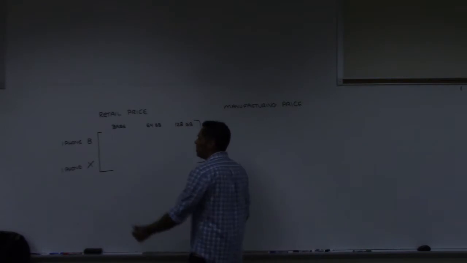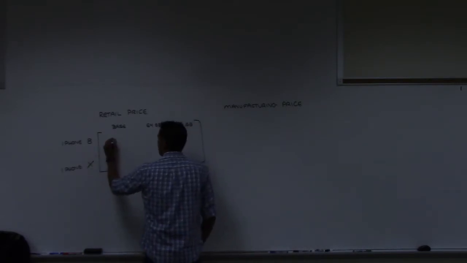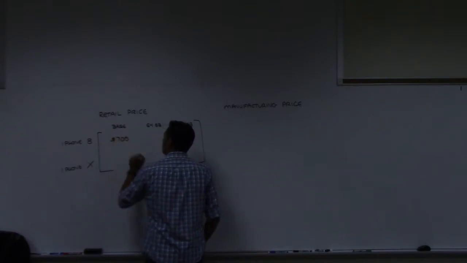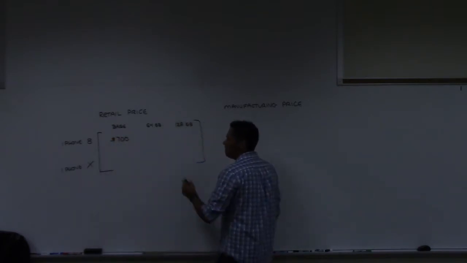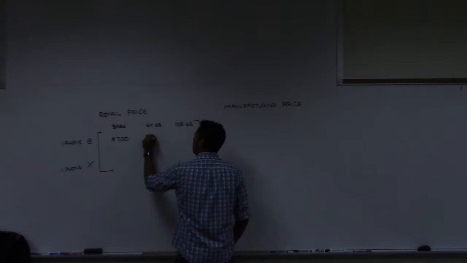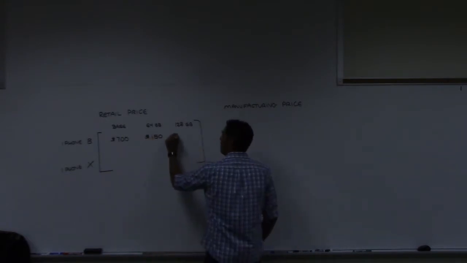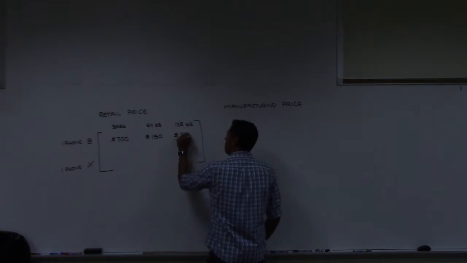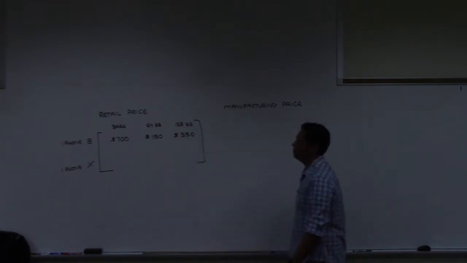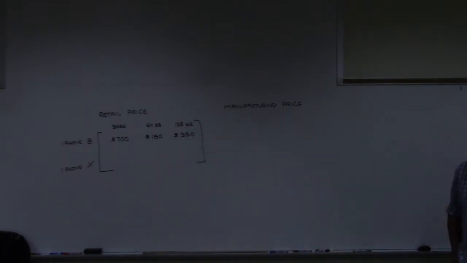So the base price of the iPhone 8 is going to be, I'm making this up, let's say $700. If you want to add the 64 gig, it's going to be an additional $150. And if you want to do 128, it's going to add an additional $350. Again, I'm making this up, okay?